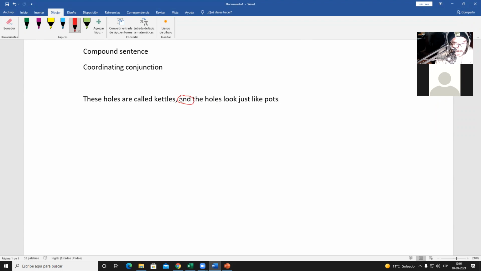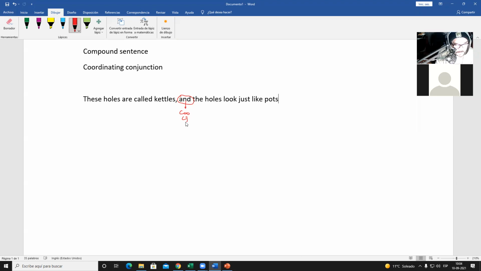Therefore, there's coordination of something in here. The question is, what is this coordinating conjunction linking? These holes are called kettles, and the holes look just like pots.